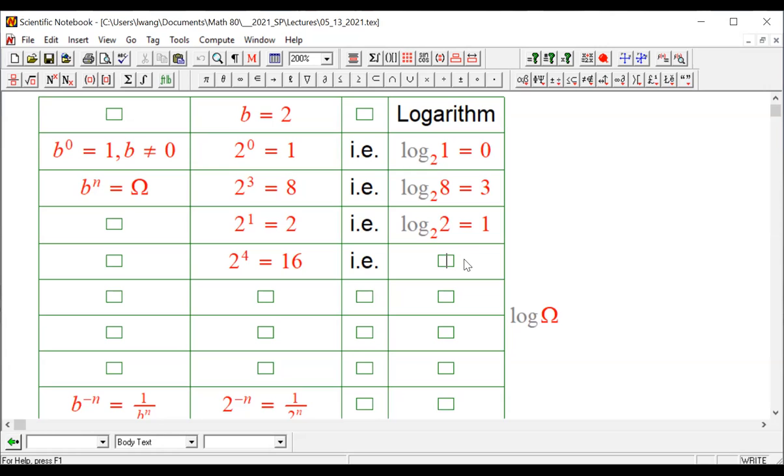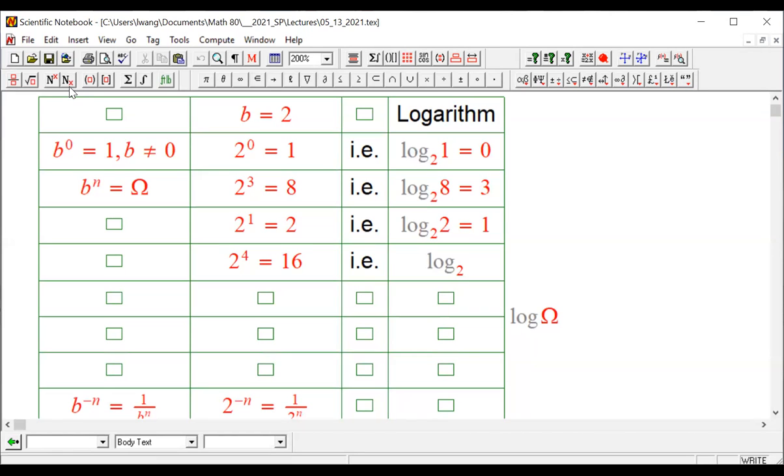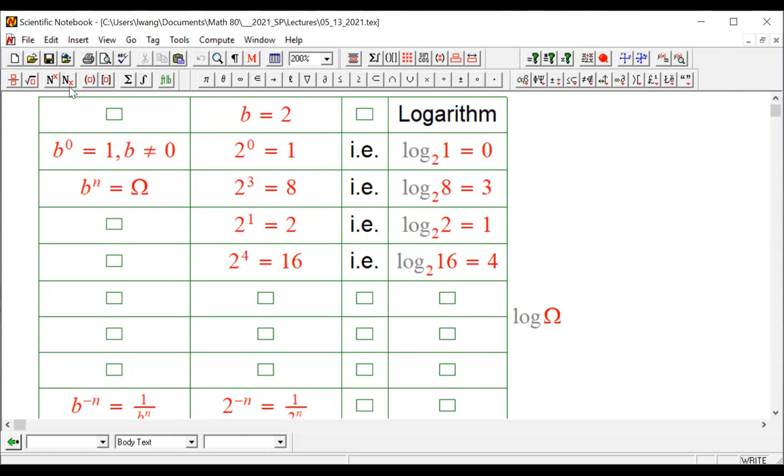What is it? It's going to be log base 2 of 16 equals 4.